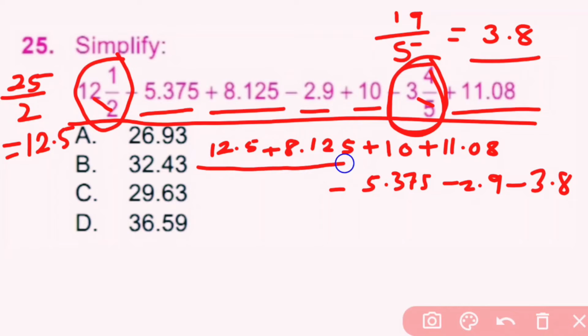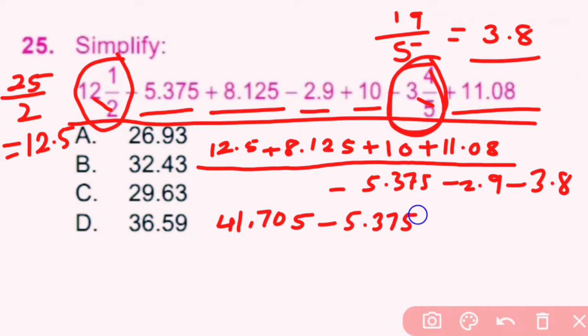So the addition of all these will give 41.705 minus 5.375 minus 2.9 minus 3.8.